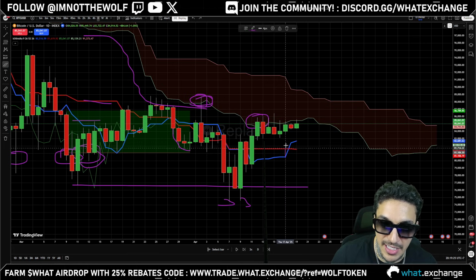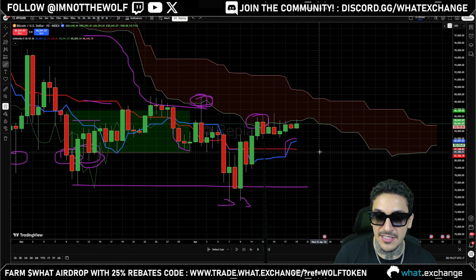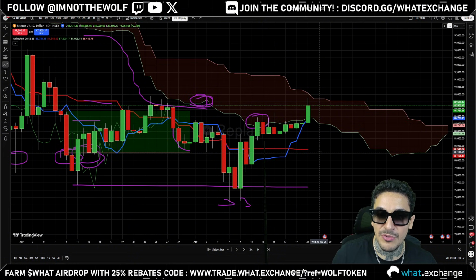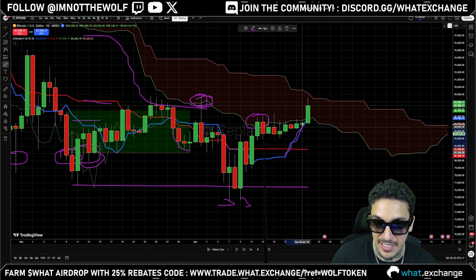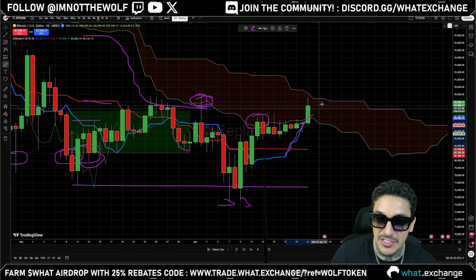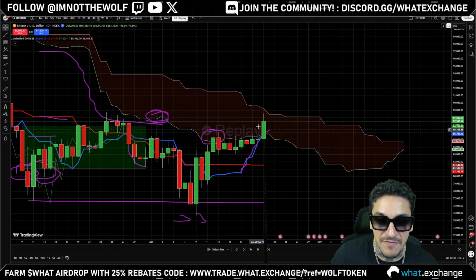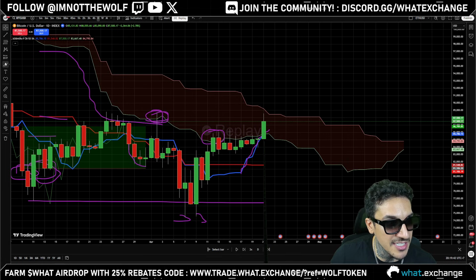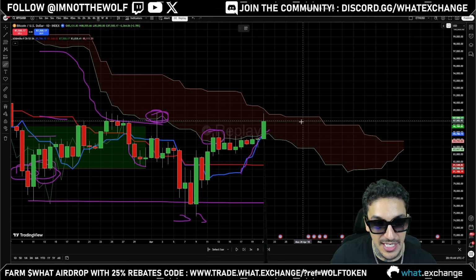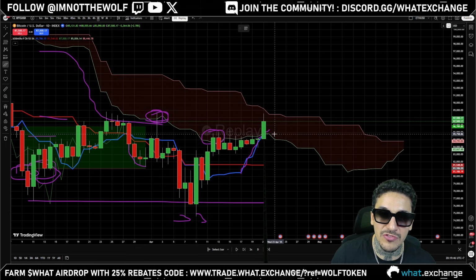Now we have the blue line above the red line, the Tenkan above the Kijun. And this is where basically bulls take control of everything. We have huge support from the Kijun right here, which just shows you that there's a massive amount of buy pressure. It finally breaks into the cloud, and you can see very beautifully how the cloud works and how it's such a strong resistance, right?